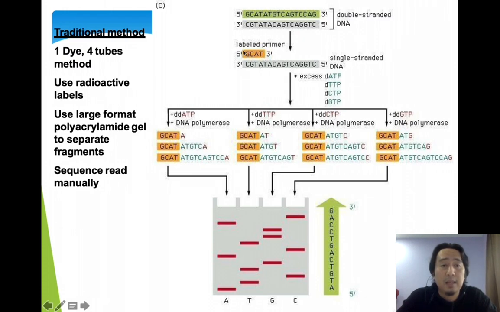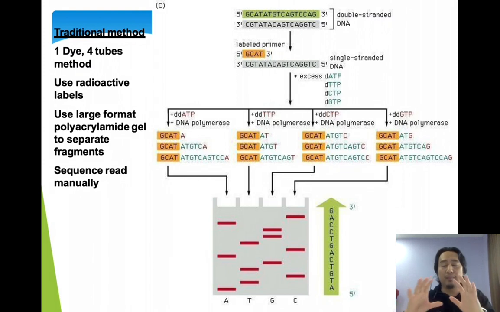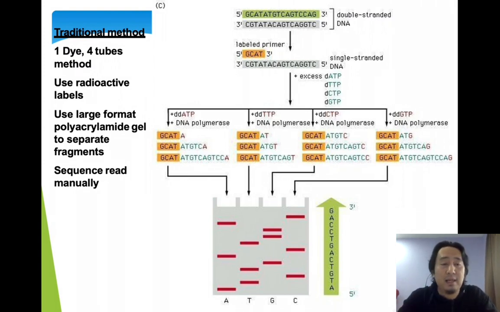This is a labeled primer. Labeled primer like before, with P32, so that you can detect it on the radiogram at the end of the experiment. Then you will need DNA polymerase. DNA polymerase will elongate the chain, so that you can ensure that the chains of DNA are growing. So theoretically, principally, it's almost the same as in PCR.